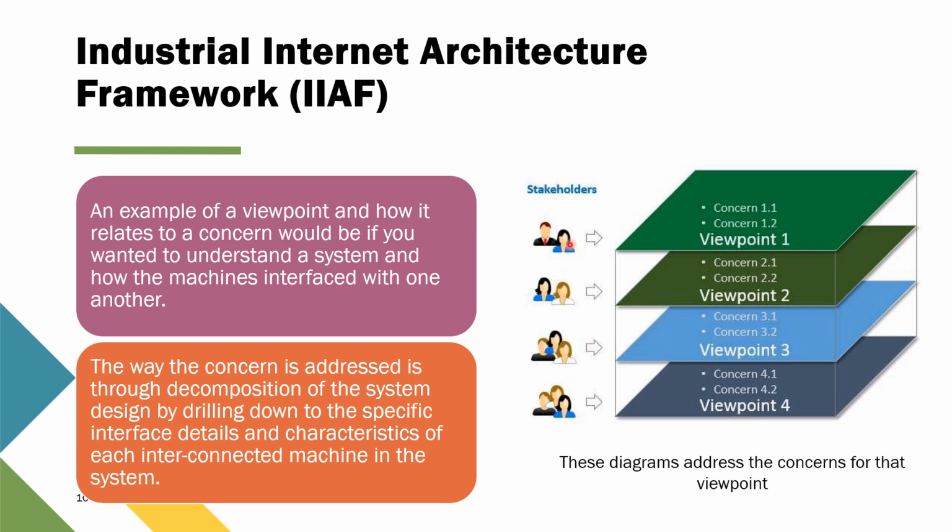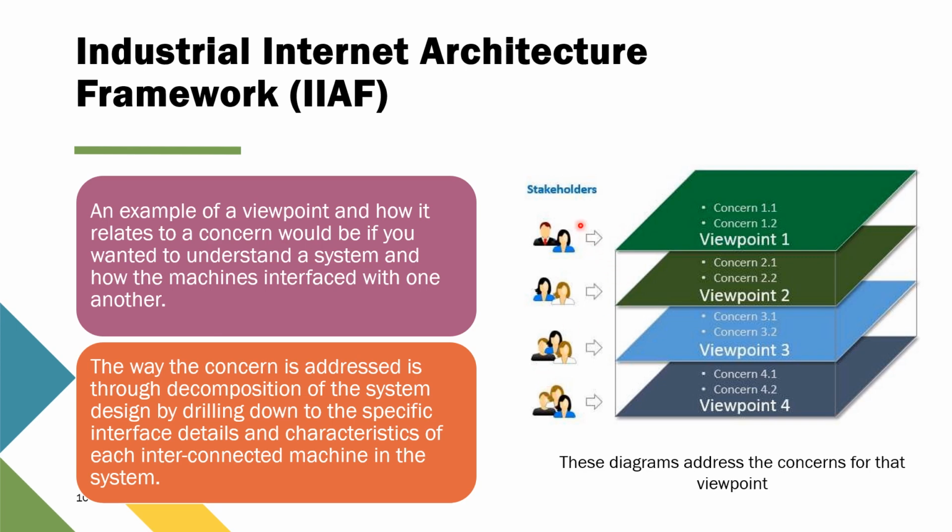For example, you have the stakeholders here. Okay, so for example, these are the people at the top of the business, and then it goes to the engineer, to the technician, and then maybe the operator in the operational area.